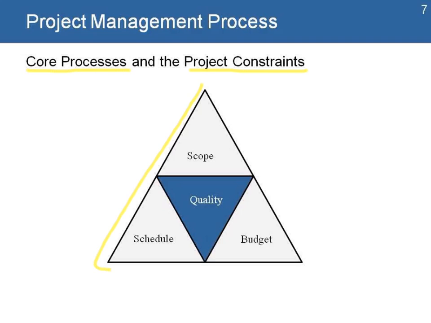In the book, you're going to see this triangle that defines the relationship between the scope, schedule, budget, and quality. And this is very important for the success of the project. If we are able to achieve this and manage them, then we are closer to get a good scope and management of our project.